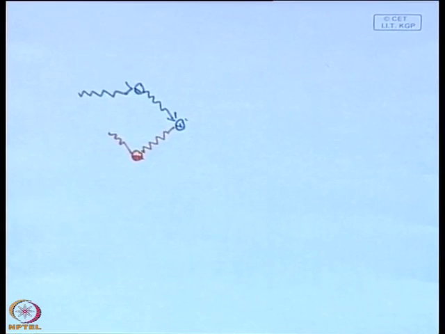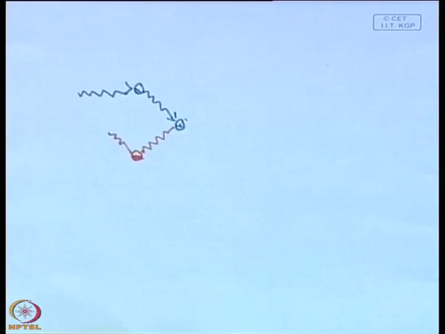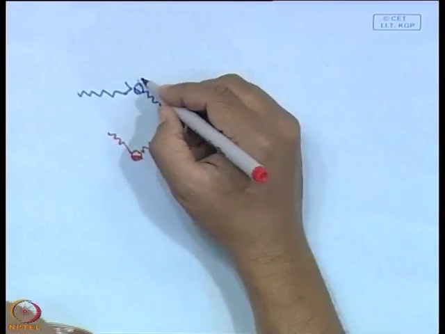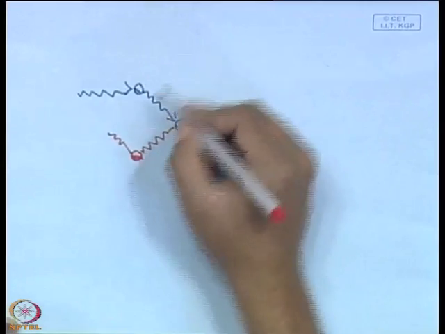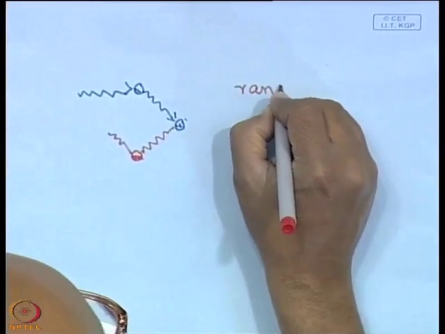In this process the photon moves around, so it is called a random walk. At every scattering event, the direction gets shifted to another randomly chosen direction, okay.